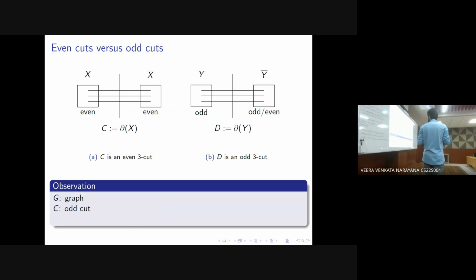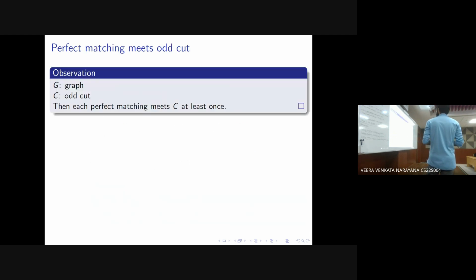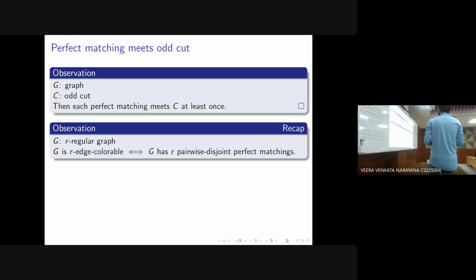So let G be any graph and C be any odd cut. Can we observe something about a perfect matching intersecting this odd cut? It's easy to observe that by parity, every perfect matching meets every odd cut at least once. Let's recall that an r-regular graph is r-edge colorable if and only if it has r pairwise disjoint perfect matchings.